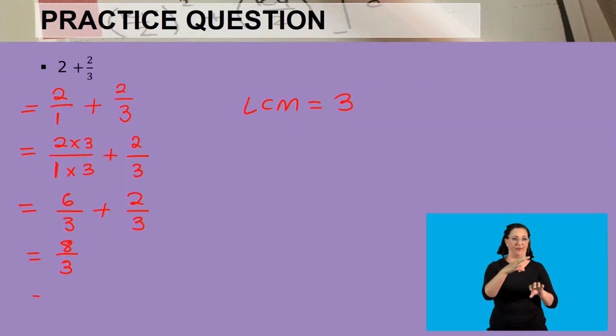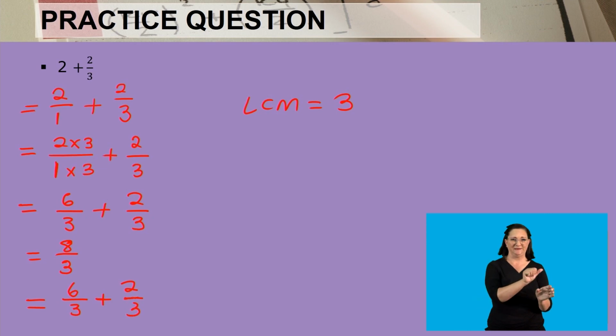How am I going to simplify this improper fraction? Again, I need to think of the multiples of 3. How can I split it so that I have a whole number and a common fraction? So this is going to be 6/3 plus 2/3.